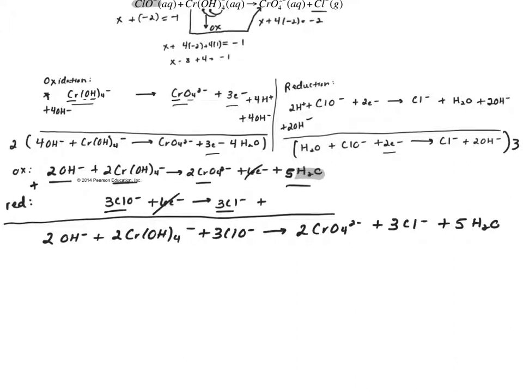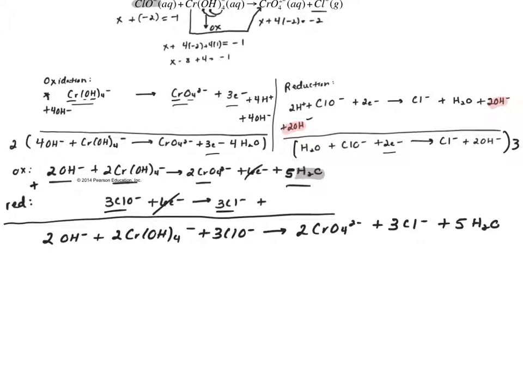So lots of little nitpicky steps. And again, the only difference between what we did last week and what we did this week was the inclusion of the hydroxides to neutralize any protons that were present, because again, this is going to occur in a basic solution as opposed to an acidic one.